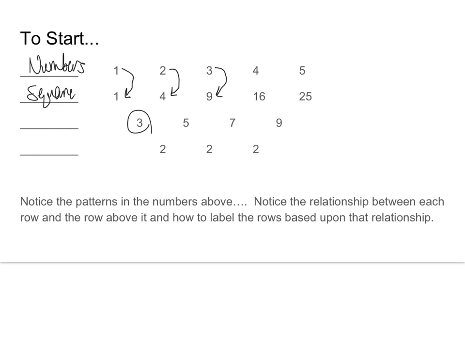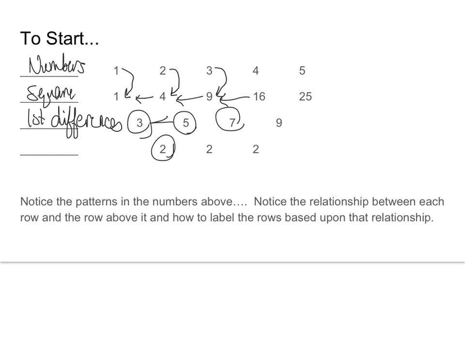Now, how do I get from the 3? Okay, 4 minus 1 is 3. 9 minus 4 is 5. 16 minus 9 is 7, etc. So those are called my first differences because I subtracted the first time.